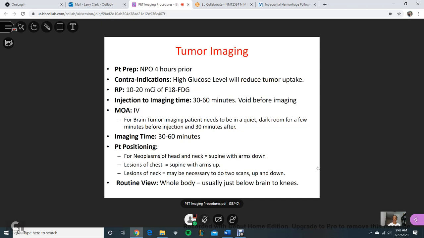So it's the skull base to the mid-thigh. Everyone understands that so far? For the most part, this is exactly what you guys have been doing when you guys have gone to clinic, correct? When you guys were doing the PET. Yes. Okay, good.